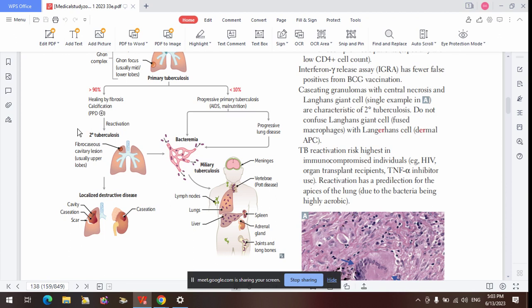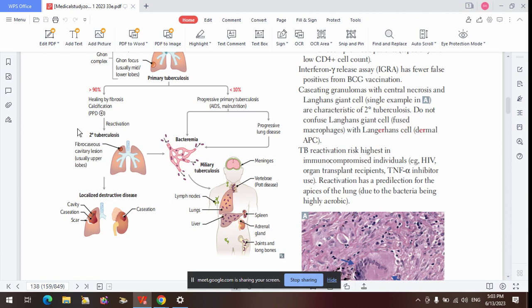Those necrotic areas try to also heal by fibrosis. So you are going to have a surrounding area of fibrosis, and within the cavities, what you are going to have is the caseous necrosis. Groups of caseous necrosis form the cavity. Some areas of the cavities are also healing by fibrosis, leading to fibrocaseous cavitary lesion.